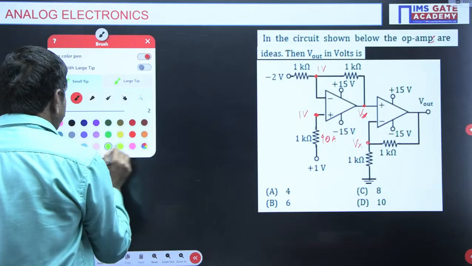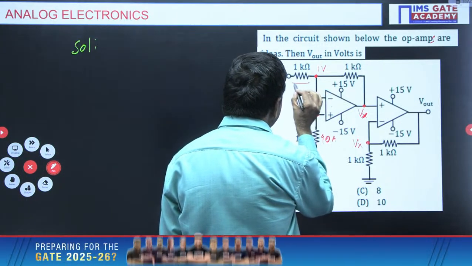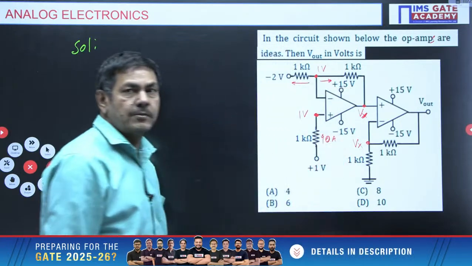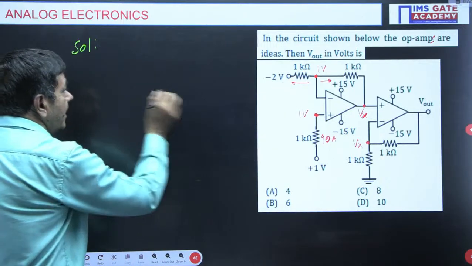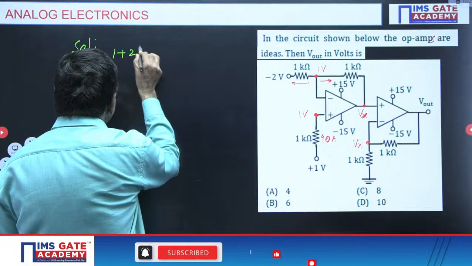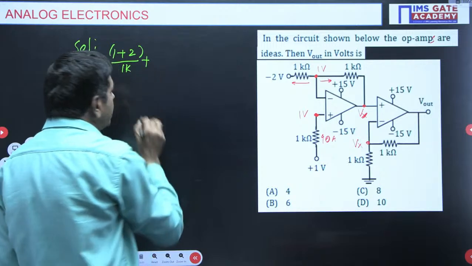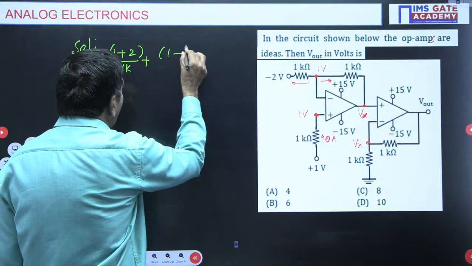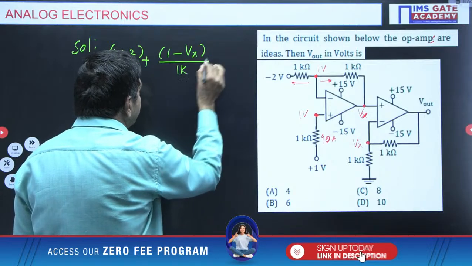To find Vx, I apply nodal analysis. Nodal is the powerful tool in operational amplifiers. Away from the node, this current plus this current equal to 0. This side, no current, you know very well. This current is (1 minus of minus 1 plus 2) by 1k, plus this current, which is (1 minus Vx) divided by 1k, equal to 0.